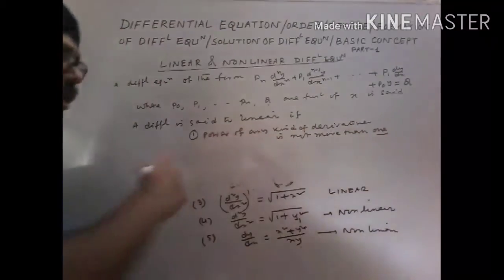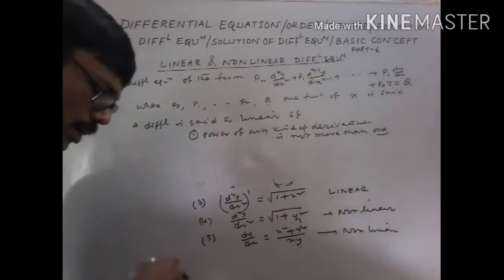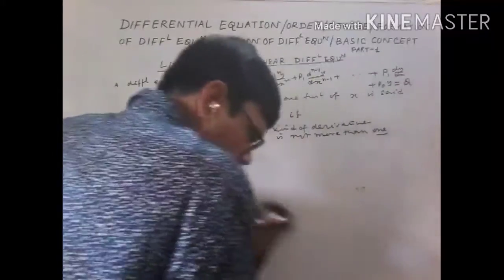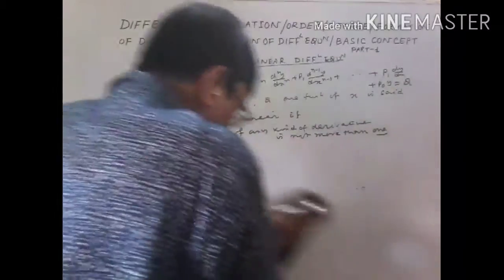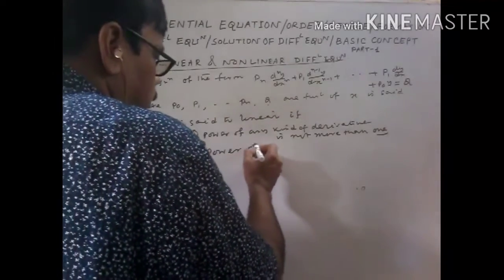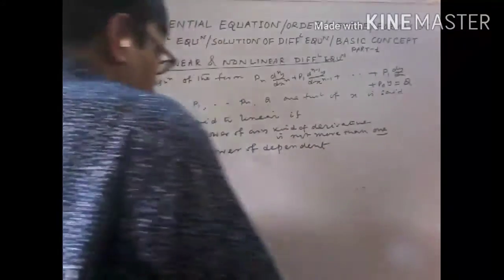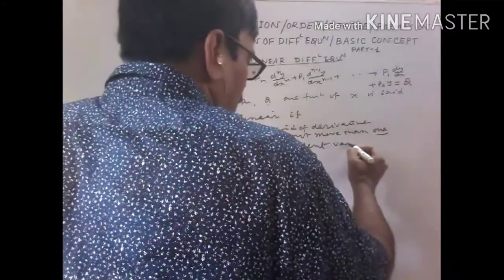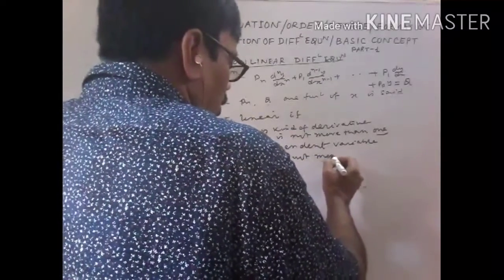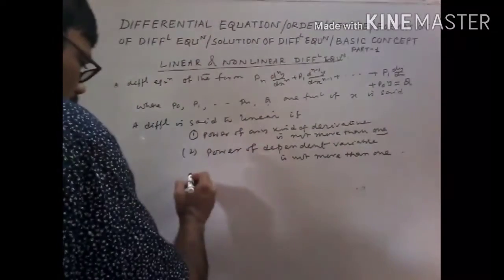Number 2, the power of the dependent variable, y square, y cube, is not permissible; it is not more than 1.